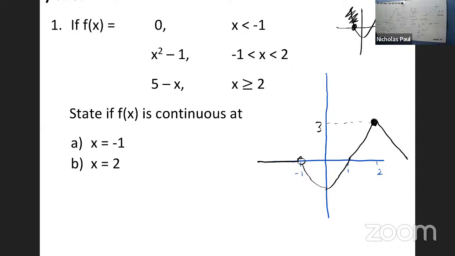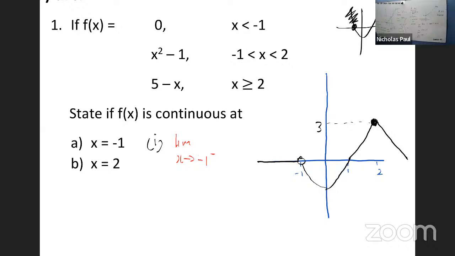Right. Let's check out the first one. So when x is minus 1, first things first. Step 1, let's see if the limit exists. So the limit as x approaches minus 1. Let's be careful when you're writing this up.